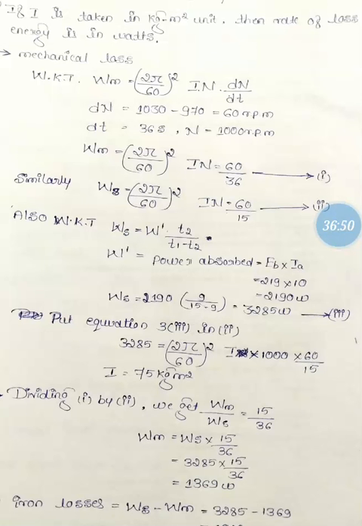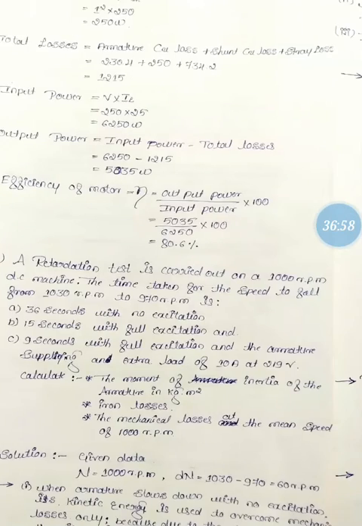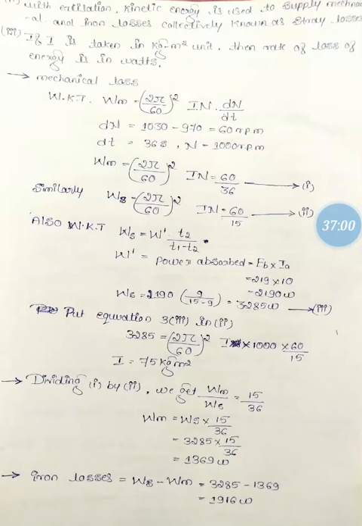Here dN is 1030 minus 970, that is 60 rpm, dt is 36 seconds in the first case with no excitation, and the speed is 1000 rpm. Substituting the values, Wm equals (2 pi divided by 60) square times I times 1000 times 60 divided by 36. This is equation number 1.